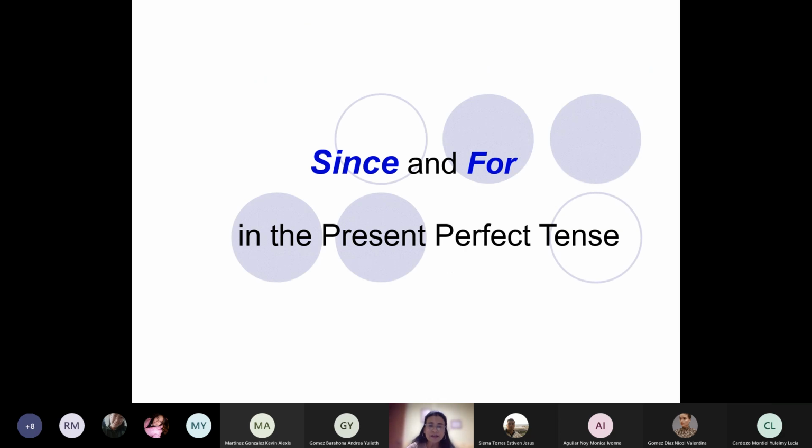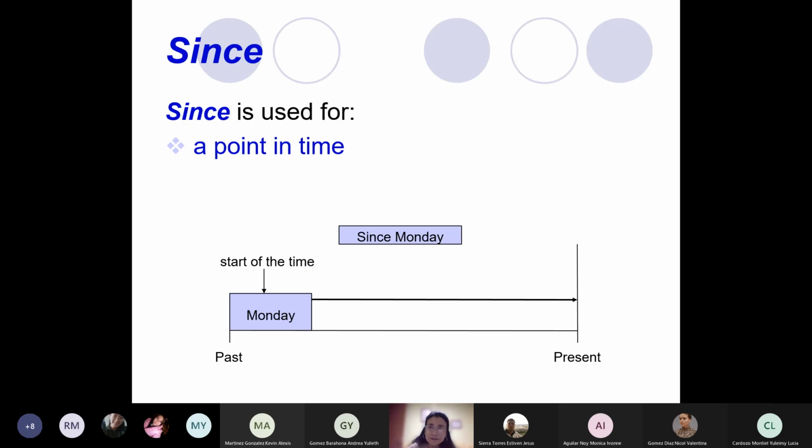Remember that since and for are used in the present perfect tense. Since is used for a point in time. For example, you say since Monday, since last week, since yesterday, a point in time, no? A moment in time.